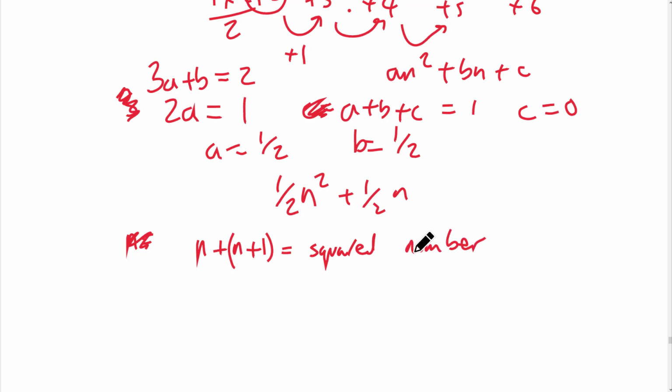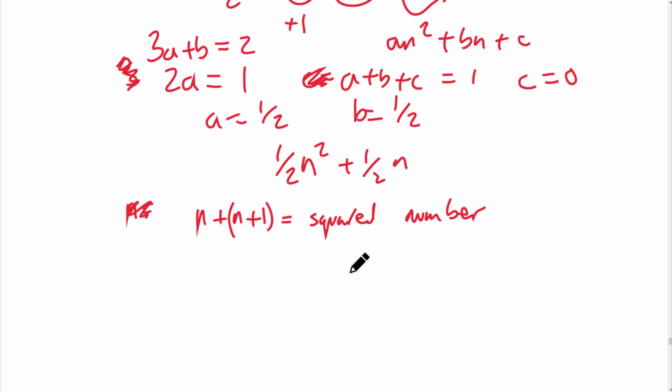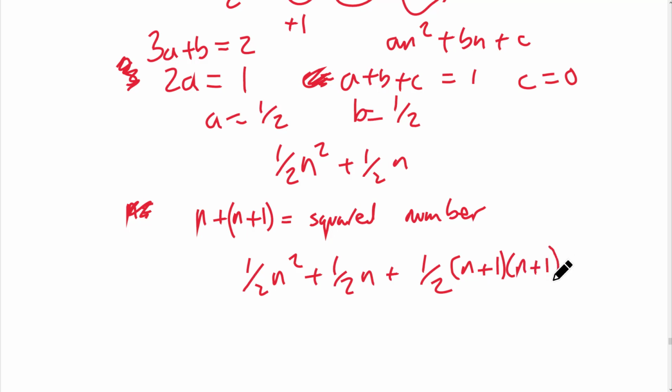Okay. So let's whack it into here. So when n is it, we're going to get a half n squared plus a half n, and let's do the next term, plus a half n plus 1 squared, so that's n plus 1, plus a half n plus 1.